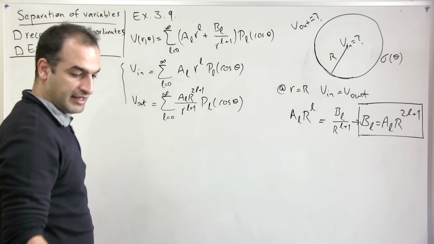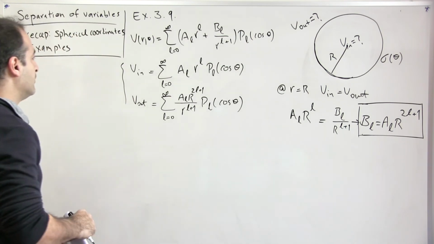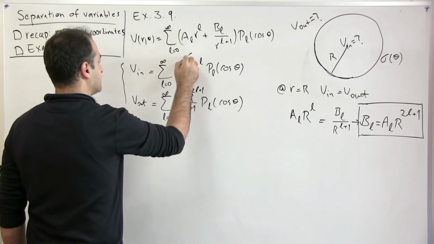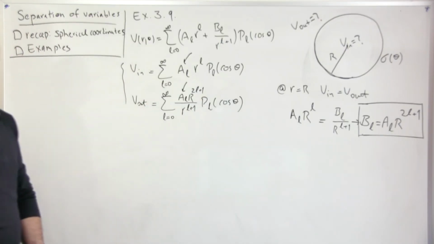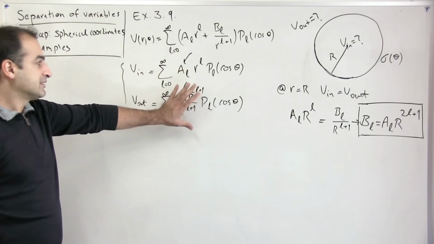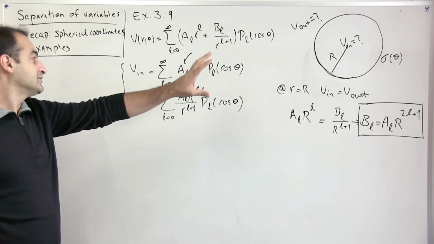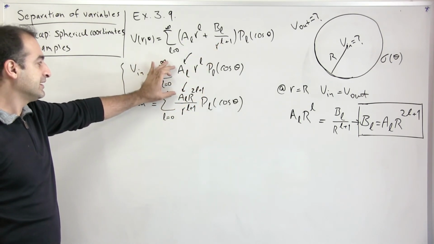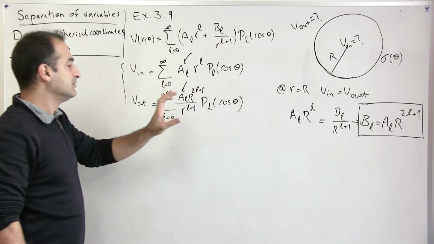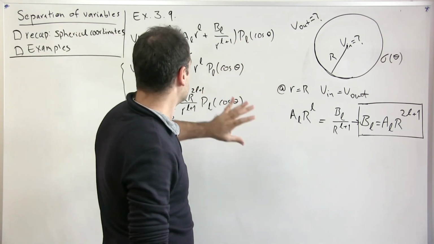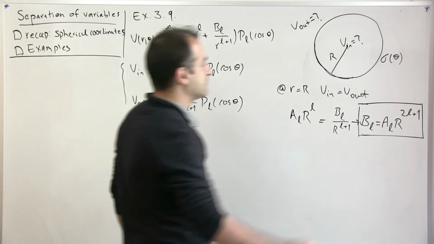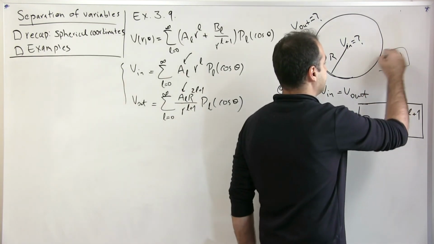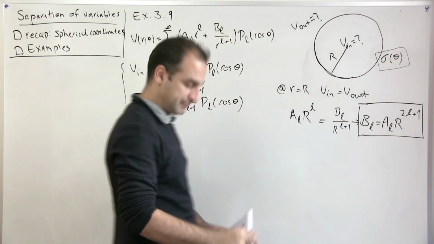Now the whole problem boils down to finding the A_L values. With this format, the potential is matched on the surface. If we can find A_L values to match the rest of the boundary conditions, we are good to go. The next boundary condition comes from the surface charge distribution.